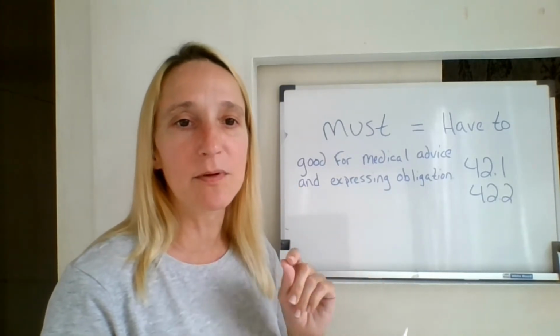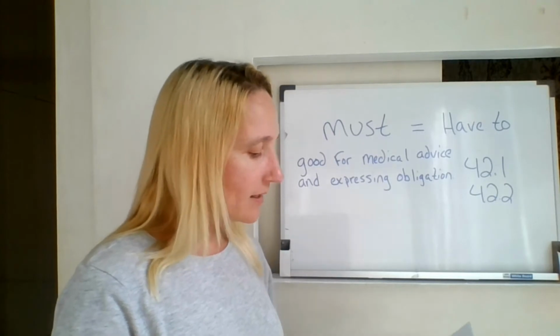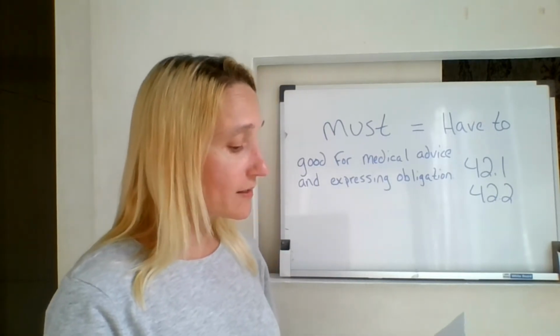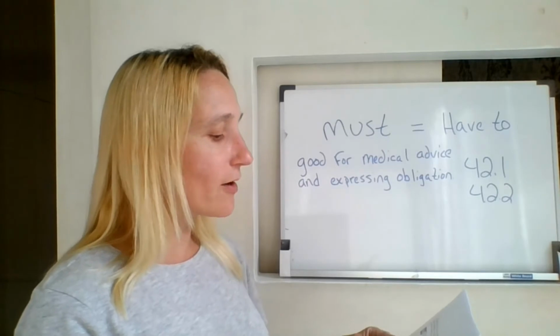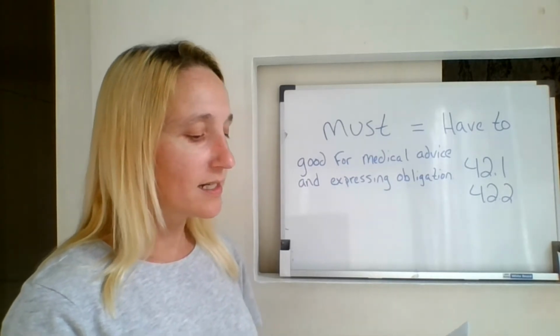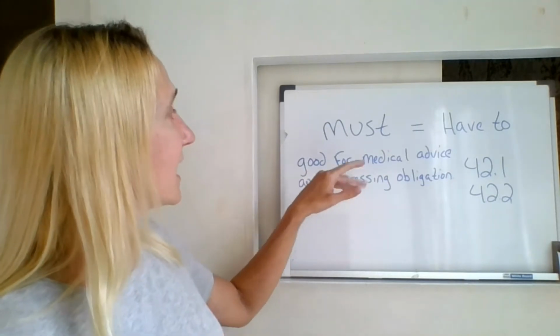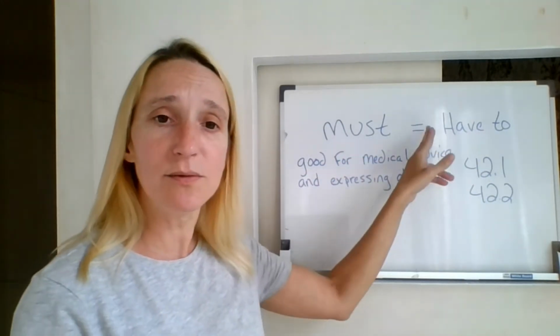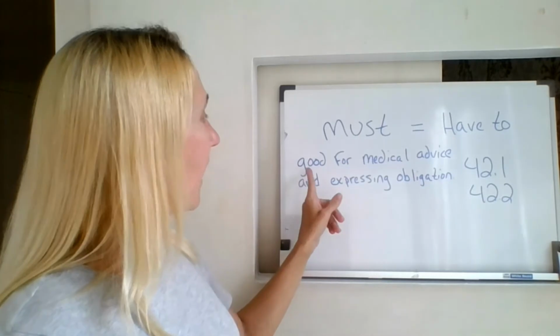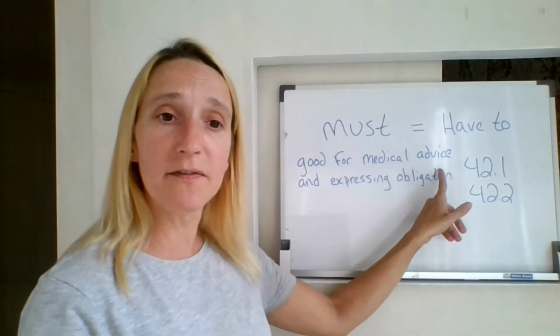You are responsible for them. Then obligations are things that are necessary. You may hear it in important instructions, such as medical advice. So what they're saying is must and have to are the same. And it's good for medical advice.